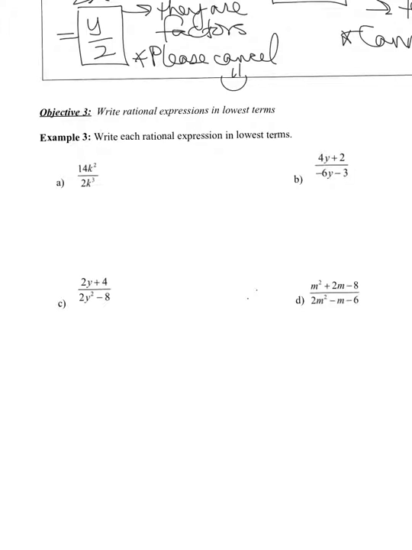If we look at the numerator and the denominator, you should notice that our GCF is 2, because 2 divides both 14 and 2, and I have a k squared in the numerator, k cubed in the denominator, so I take the lower power, k squared. So 2k squared is my GCF.